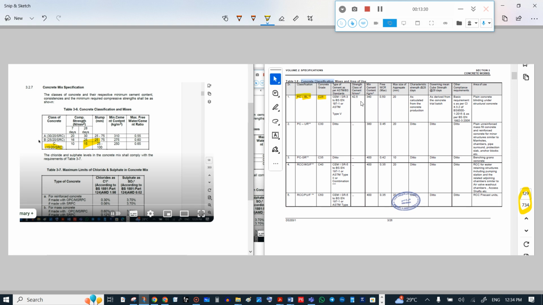So why is it so, when this is plain cement concrete under blinding under structural concrete? So there is a conflict. Anyway, when you are mentioning class C, I think we should follow C15 concrete.